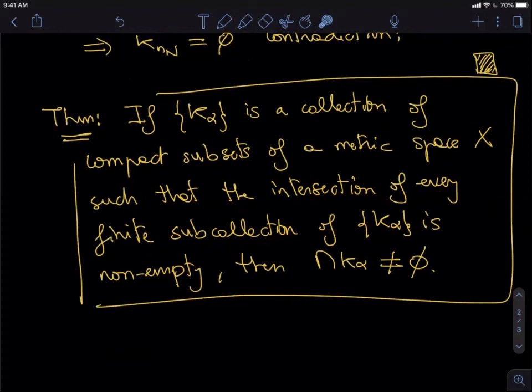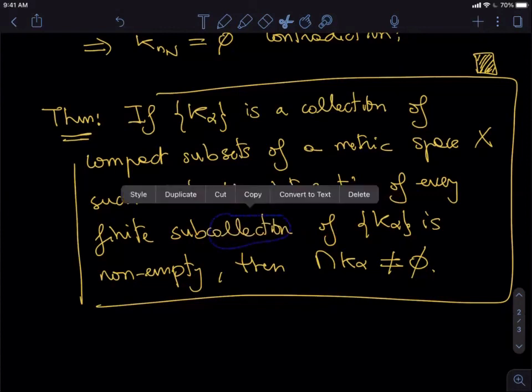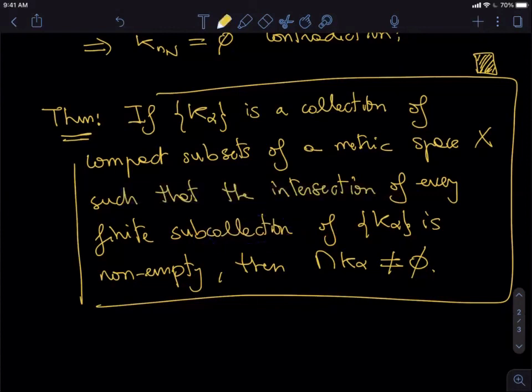If you have a nested decreasing sequence, that in particular satisfies that the intersection of every finite subcollection is non-empty. So this is just a more general version of the same theorem. The point is that we are assuming neither that the sequence is nested, nor that it is a countable sequence.